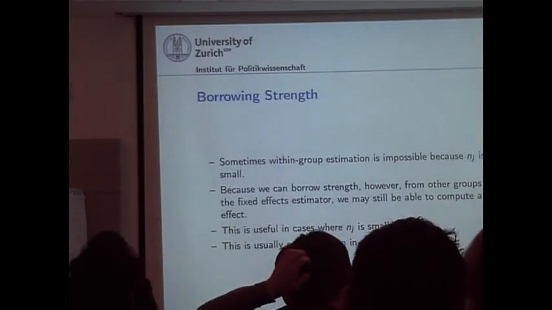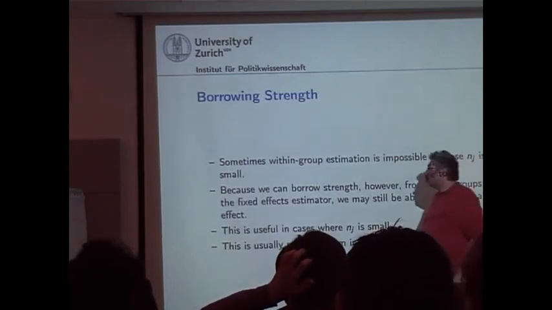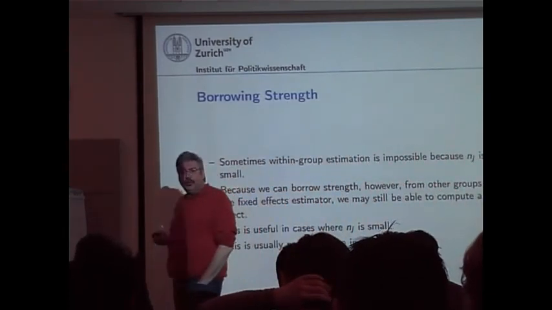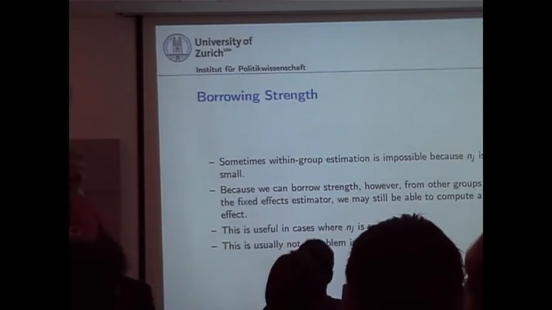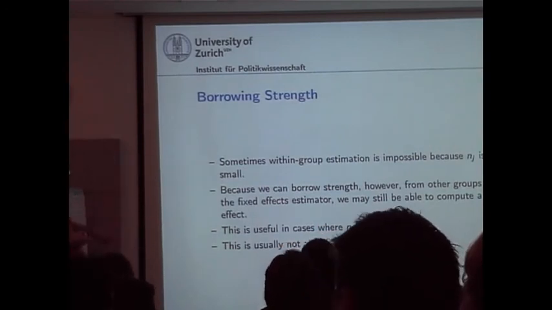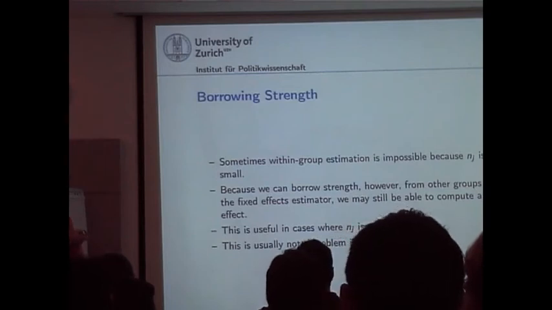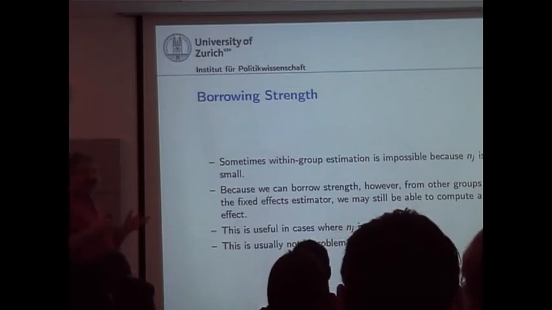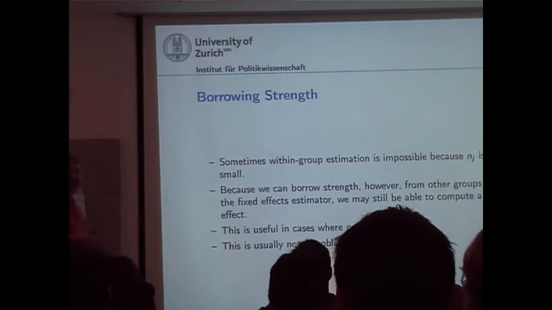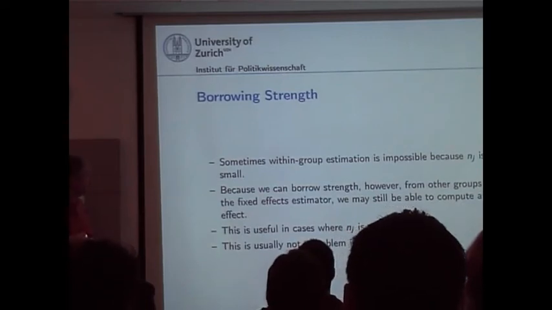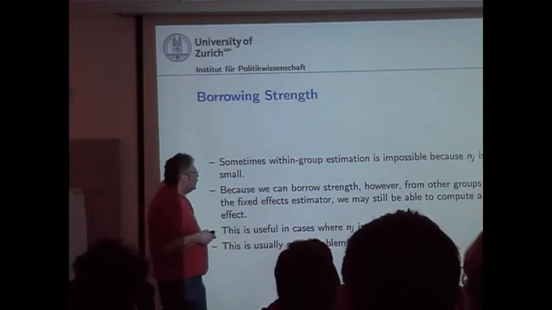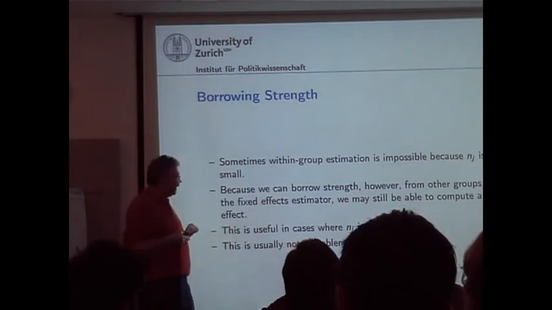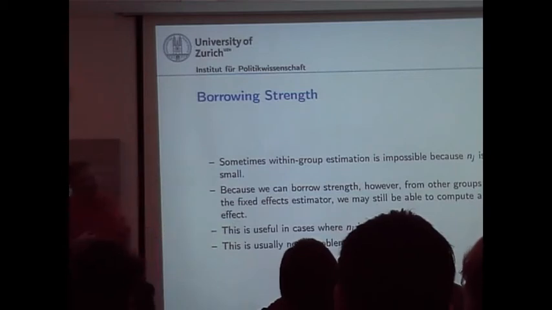The idea is that sometimes within-group estimation, so running a regression in a particular state or a particular constituency, is impossible because the number of cases in that unit is too small. But because we can borrow strength through this empirical Bayes estimator, we can actually still calculate an empirical Bayes estimate.